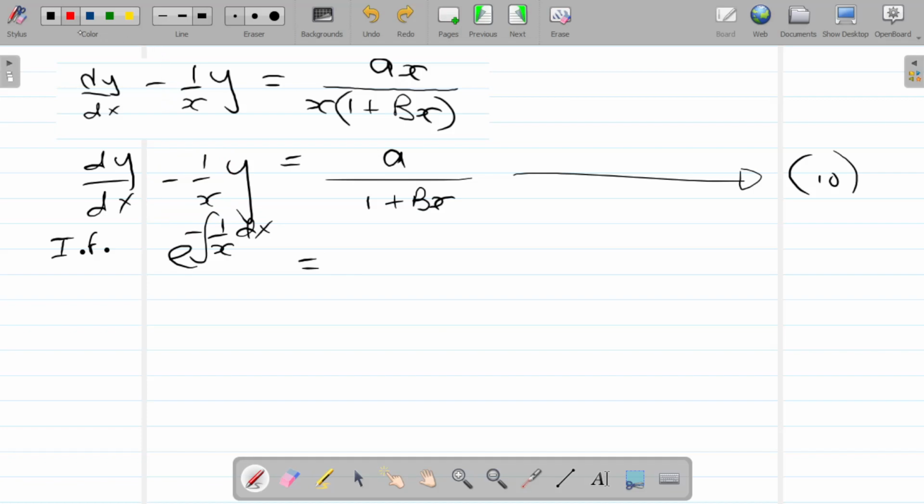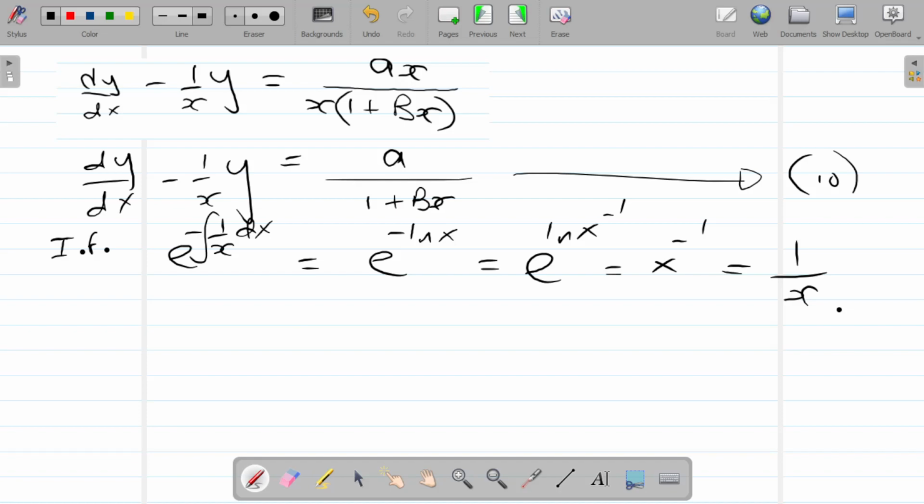So that becomes e to the minus log of x, which is equal to e to the log of x to the power minus 1, which is just equal to x to the minus 1. Or you could write that as 1 over x, right?